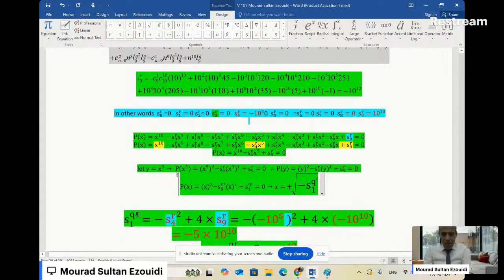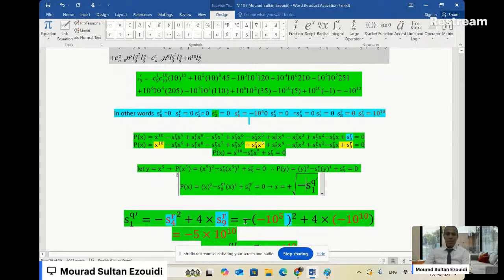Now S1 of the Q dash equals, in fact, negative S4 of the R squared plus 4 times S9 of the R. This is the opposite of the quadratic formula that you already know, but the exact way to write it is like that: S1 of order 2 dash equals negative S4 of order R squared plus 4 times S9 of R. I will use the coefficients S9 and S4.